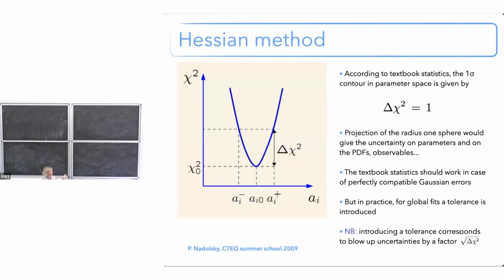So we don't want to have a delta chi-square larger than 1. Instead, groups like CTEQ or MSHT say we want to put all the data in, but at that point we have to account for inconsistency between data, which means that this delta chi-square is not equal to 1, but to some tolerance, okay, which accounts for the incompatibility of the data.